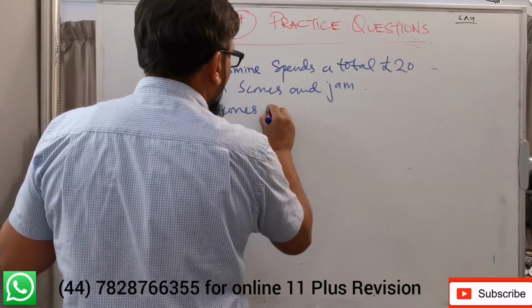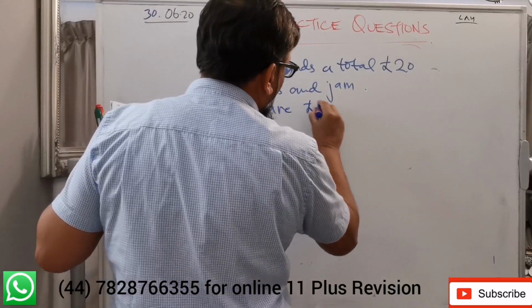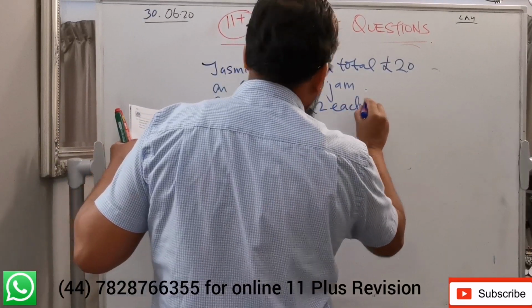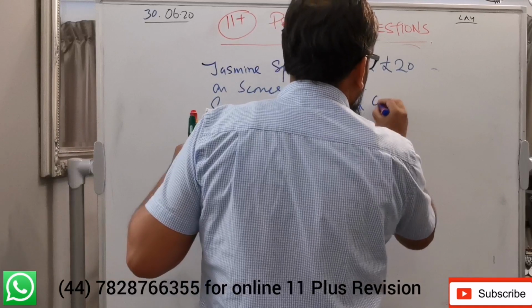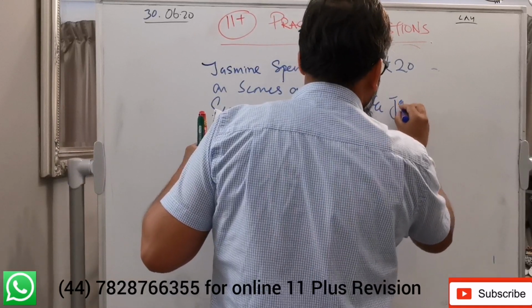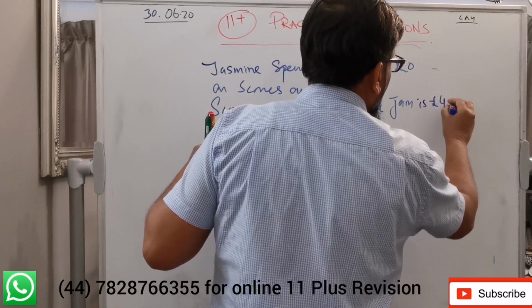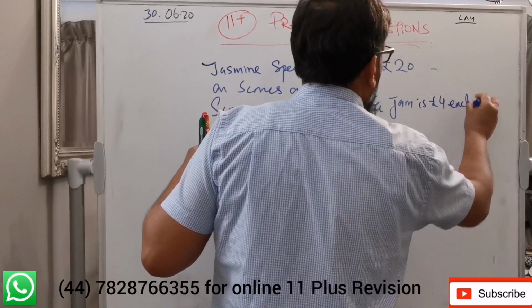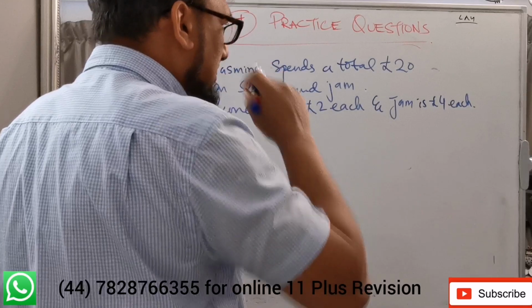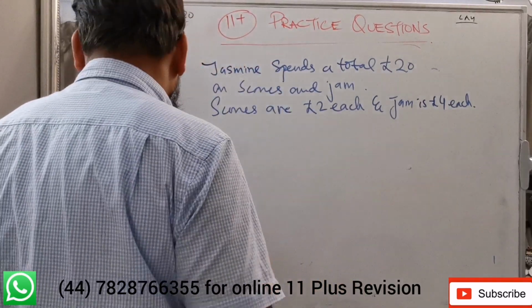Scones are £2 each and jam is £4 per jar. So Jasmine spent a total of £20 on scones and jam. Scones are £2 each and the jar of jam is £4 each.